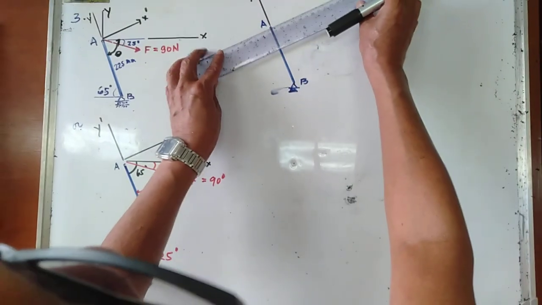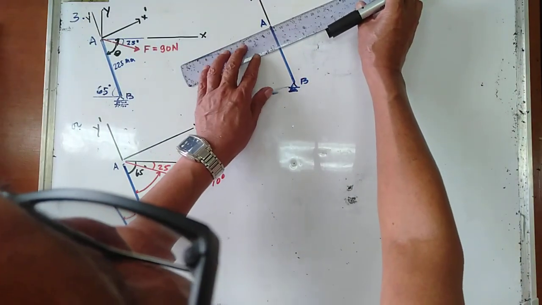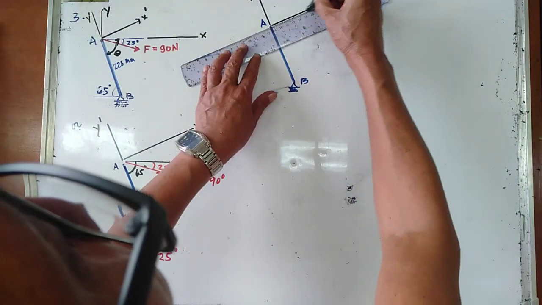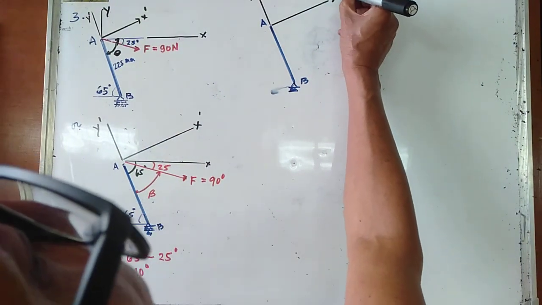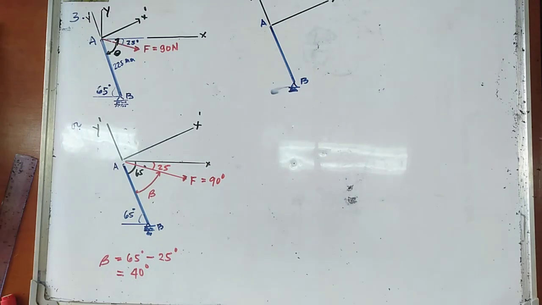And perpendicular to the y prime axis is now your x prime axis.